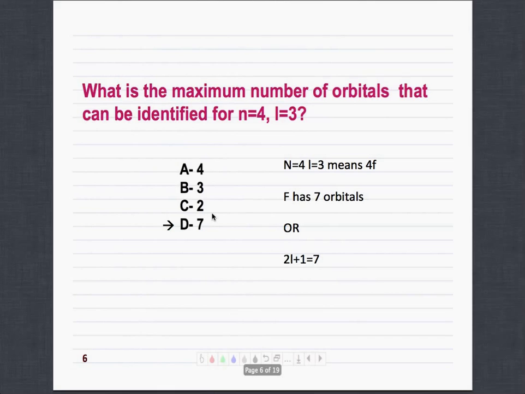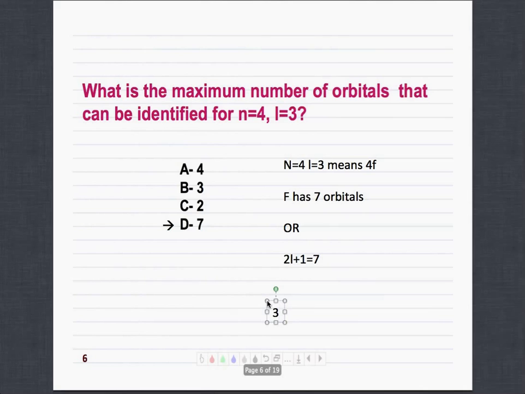And that usually confuses some of you, because you think she's asking about the number of orbitals in the fourth shell. No, I'm not asking about the number of orbitals in the fourth shell. I'm asking about the subshell F that is in shell 4. So if I give you n equals 3, L equals 1, how many orbitals are there?